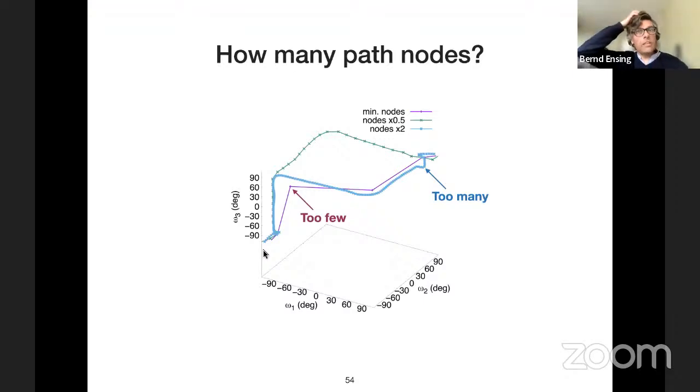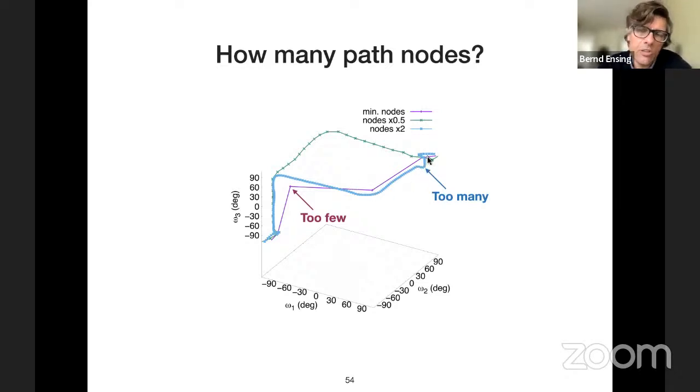Okay, so how many nodes should you choose? Well, not too many, not too few, I would say. So what is a good number? Well, in this example of the polyproline, the purple line is, of course, too few, all right? So not enough nodes, you get a very crooked line. If you use too many, this is the blue one here, you may get all sorts of wiggles that are due to the limited statistics, maybe in certain parts.